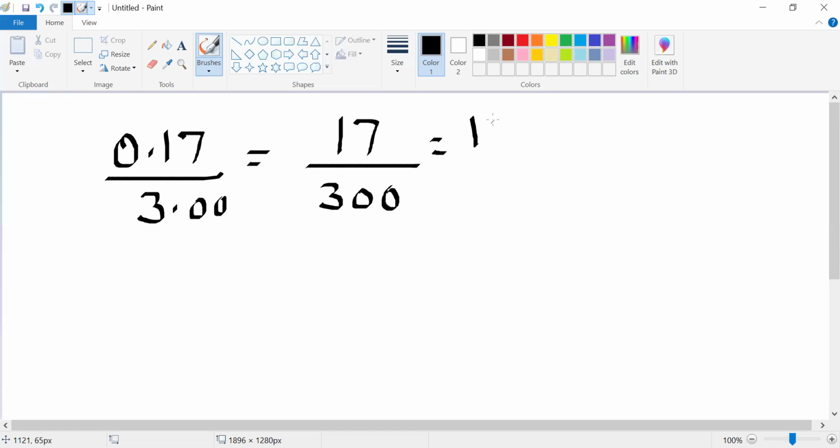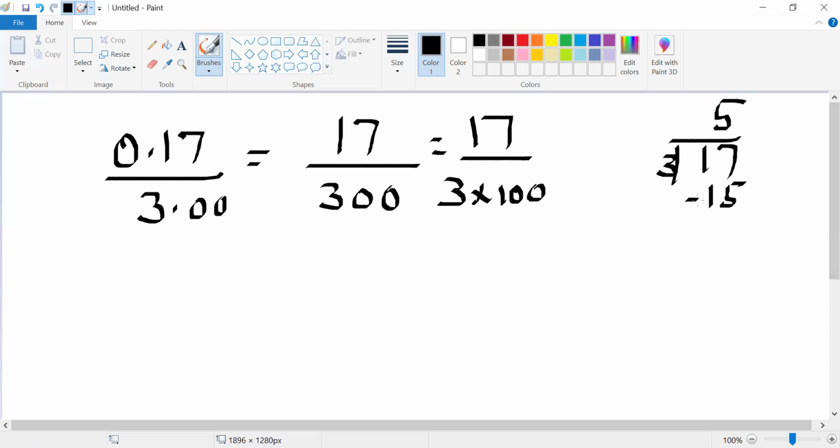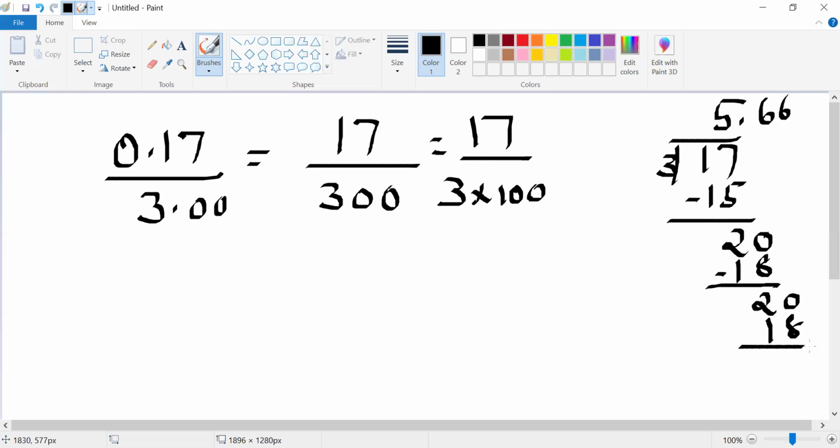So write it as 17 by 3 into 100. Now, divide 17 by 3. 5 3s are 15, 2, 20, put the decimal. 6 3s are 18. Again, you will get the same 2. Again 6, again 2. So it will continue like that. 5.666, it will continue like that.